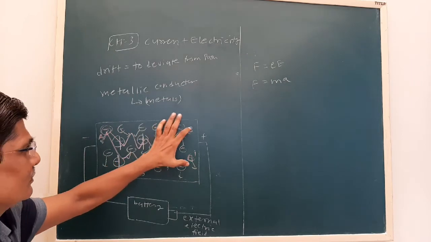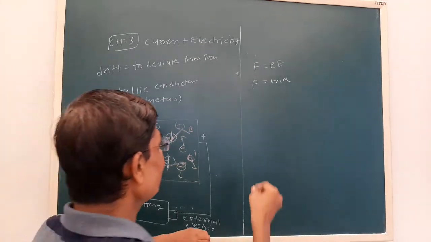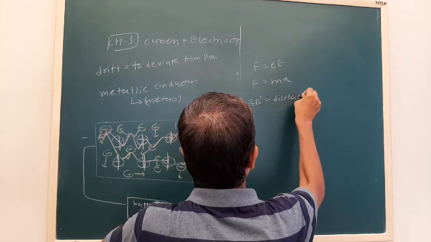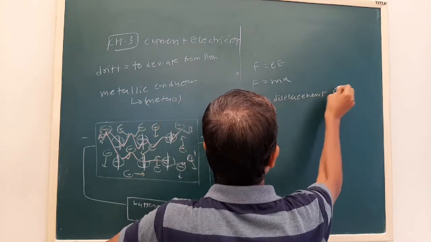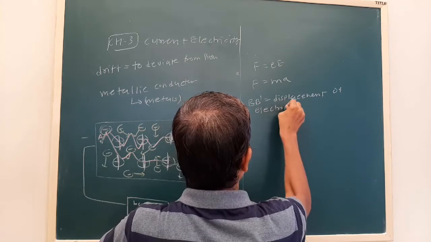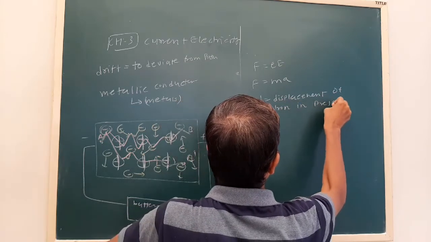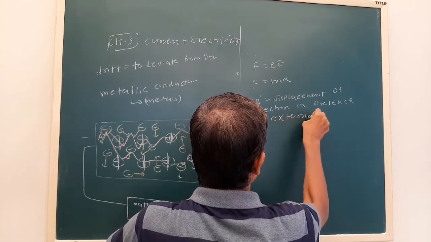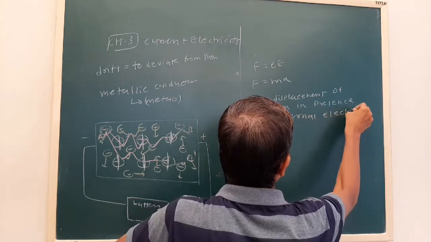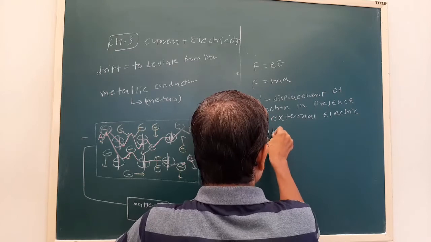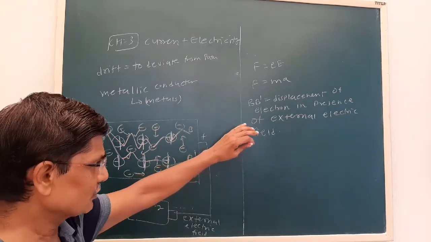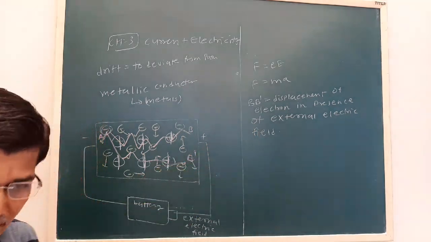We know there is some displacement. This BB dash here is the displacement of the electron in the presence of an external electric field. And we know the equation, displacement upon time is velocity.